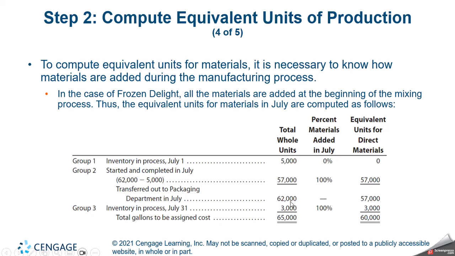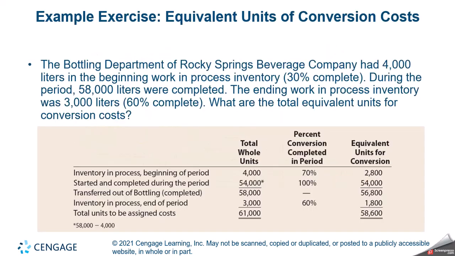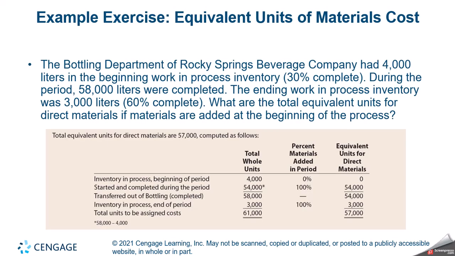We have 62,000 that were completely completed and transferred out. And then we have 3,000 left that are 100% complete related to materials.